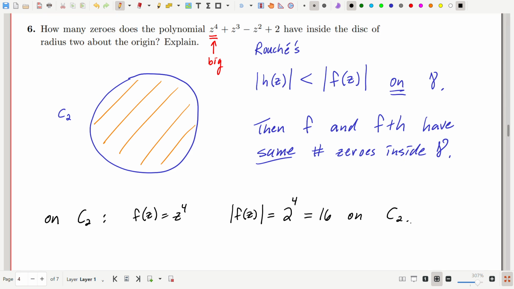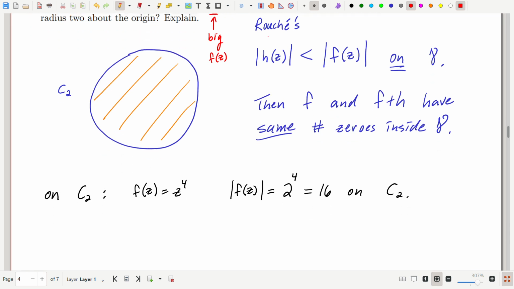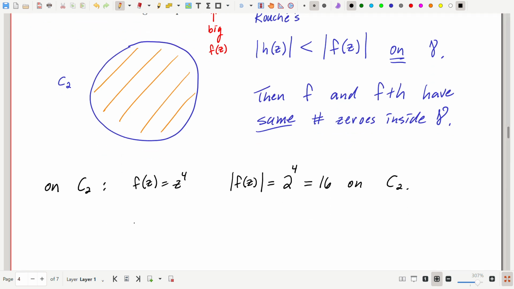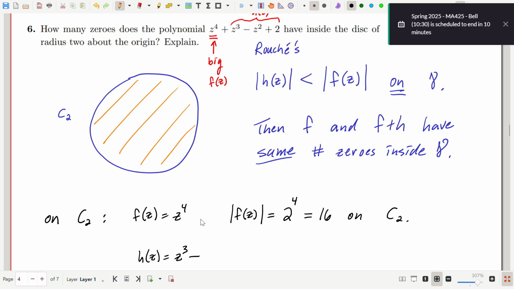And so this is going to be the f. Which means if we're going to look at f plus h, this is going to be the h. And so the h on C2, z cubed, what the heck was it? Minus z squared plus 2.